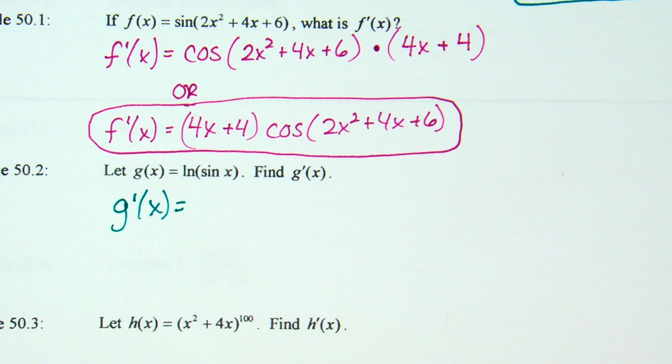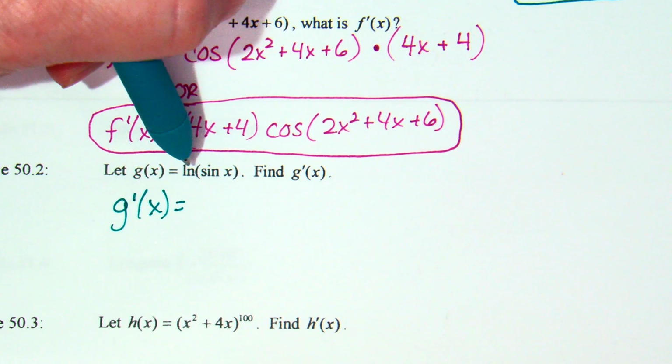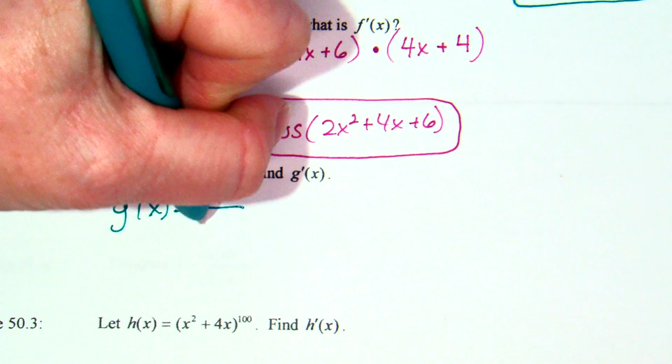Okay, 1 over sine x. Because we're doing the derivative of, what's my main function here? Natural log, right? So it's natural log of something. And when we do the derivative of natural log of something, it is 1 over something. And my something is sine x.